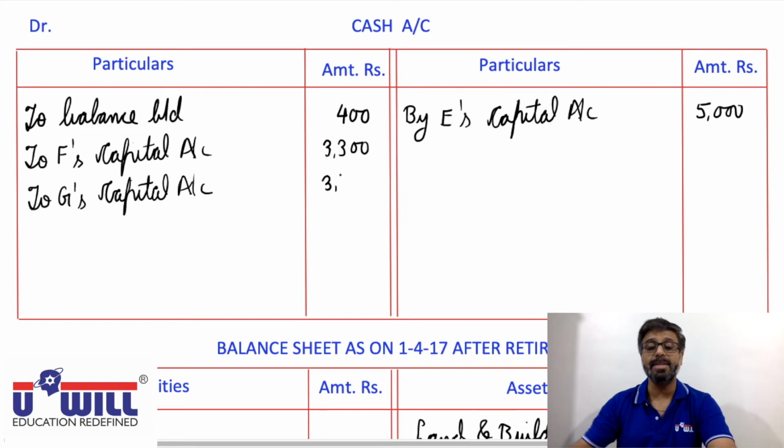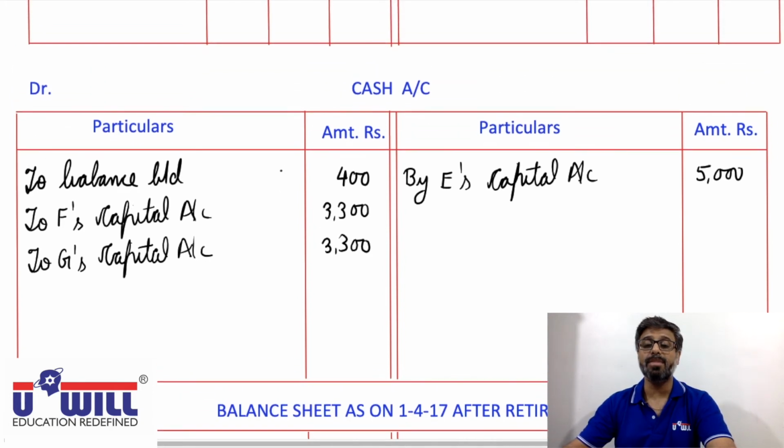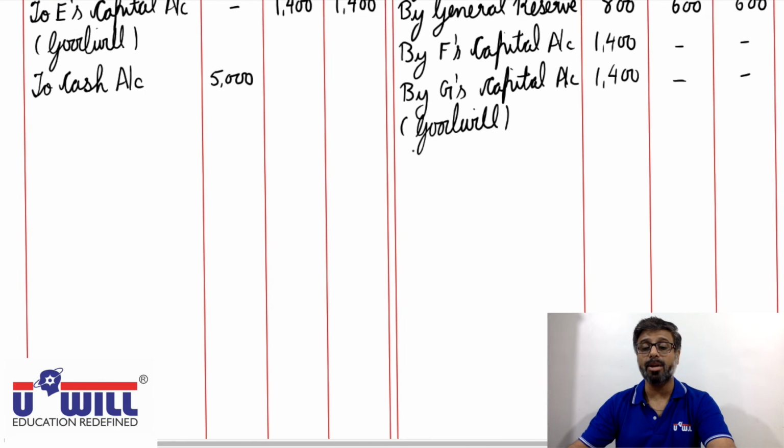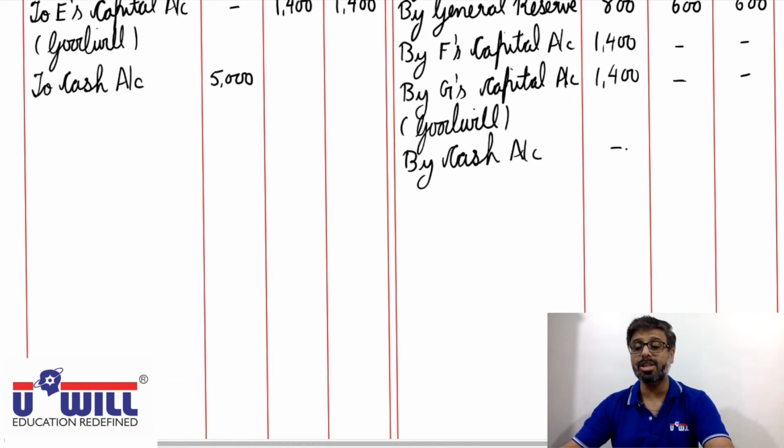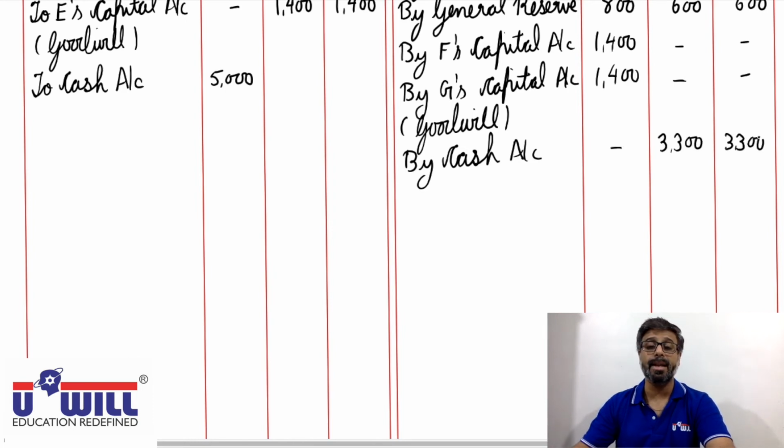I hope everyone is clear with this. To F and G means in partners' capital on credit side by cash account, in F's column 3,300 and in G's column 3,300. Okay, so if any confusion, rewind and see that again and again.